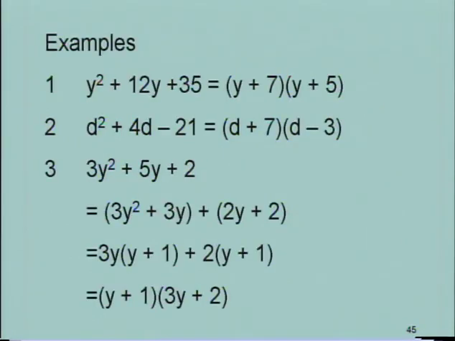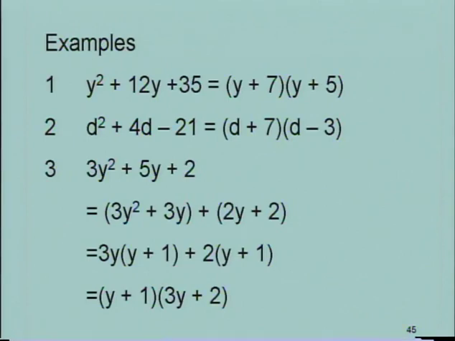Here are some examples. y squared plus 12y plus 35. We factorize this way. Two factors of y squared will be y and y. So the two factors will carry y. Two factors of 35 would be 7 and 5. You look for two factors of 35 that when you add them, you will get 12 in this case.